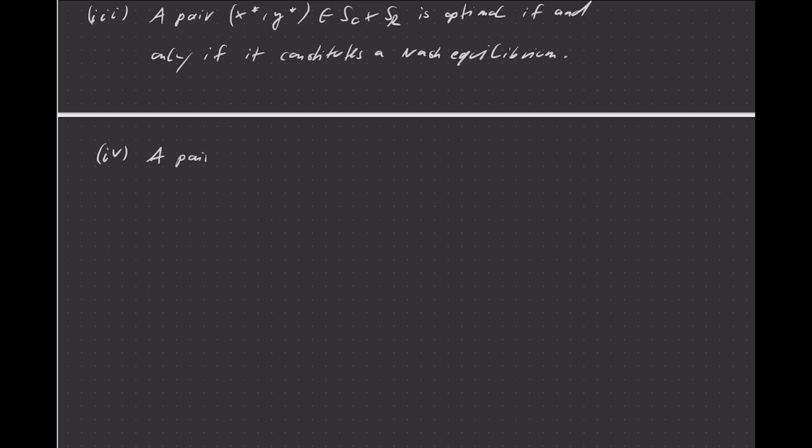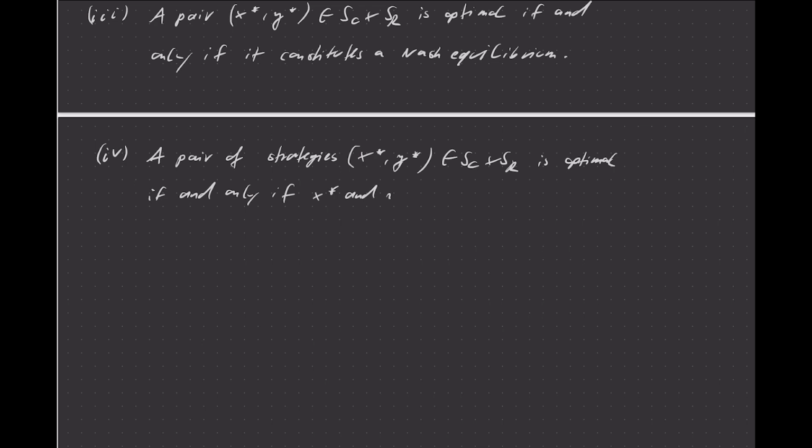And that says a pair of strategies x star, y star, again in SC times SR, is optimal if and only if x star and y star are optimal solutions to the following linear programming problems.